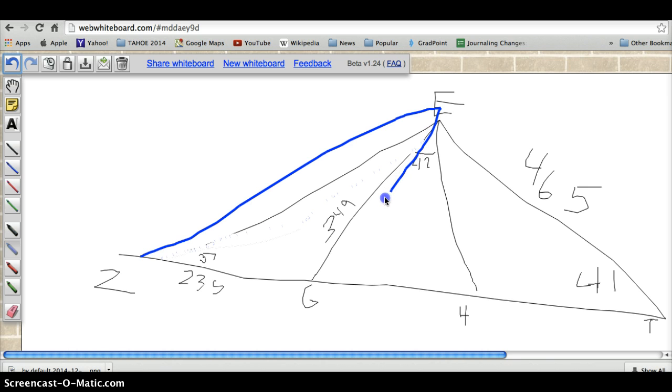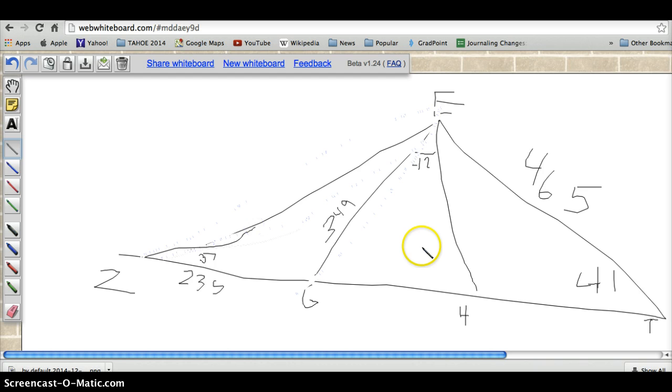I'll use blue. So this angle in blue would be ZEG or GEZ. Gosh, I'm having a hard time today. All right. There we go.